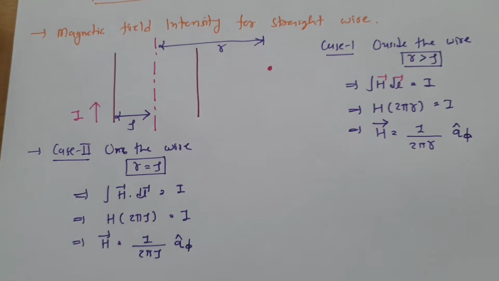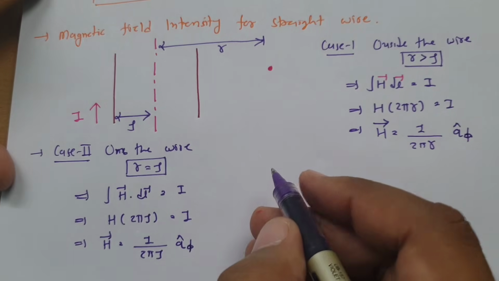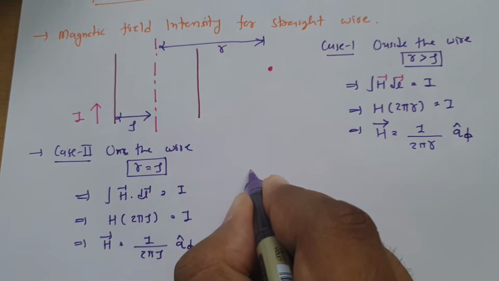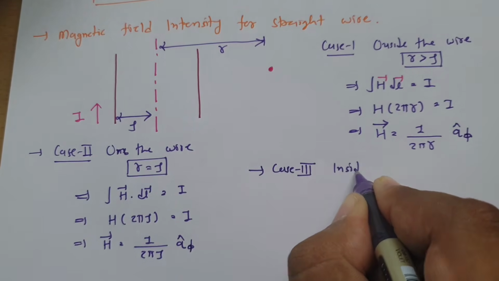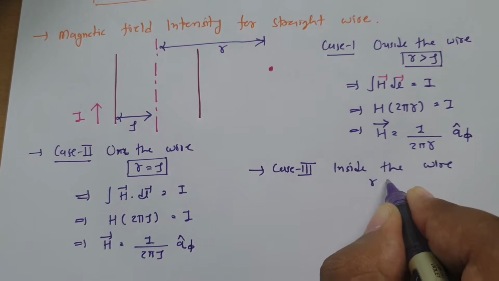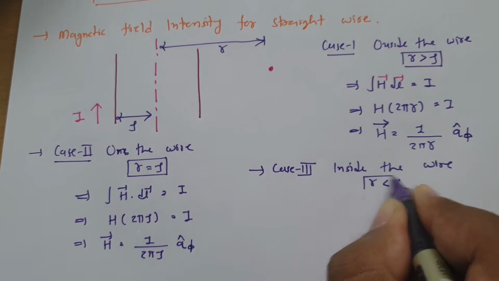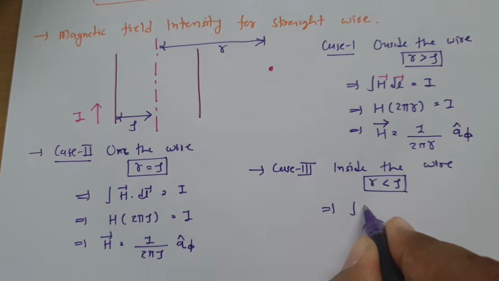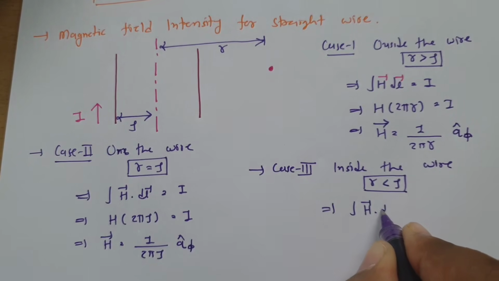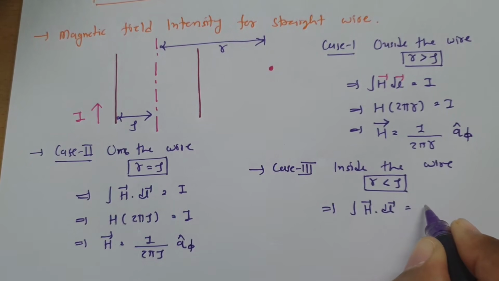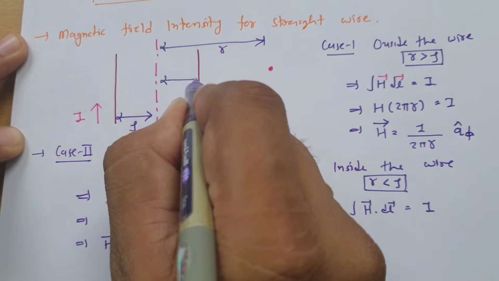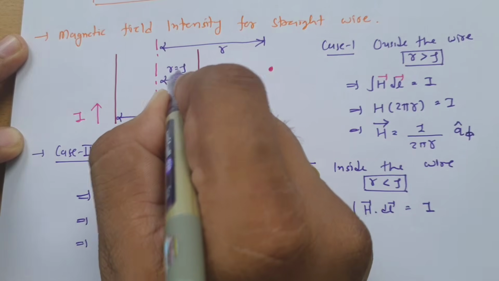And for the third case, inside the wire, we are dealing with calculating the magnetic field intensity, where r is less than rho. In this case, again the same formula we apply: H dot dl is equal to the current enclosed, which will be different, right? In the second case we calculated at this distance where r is equal to rho.